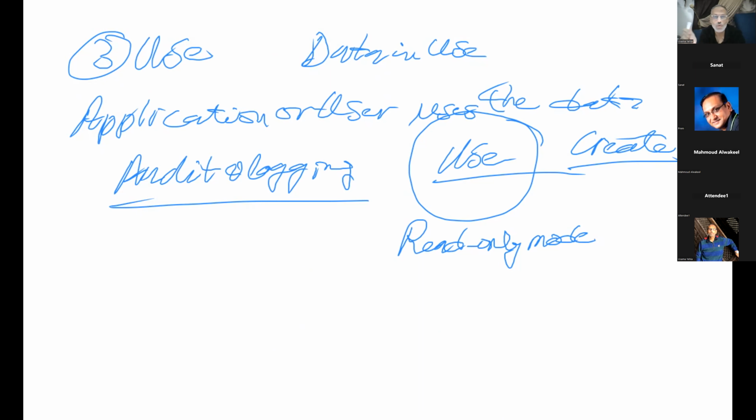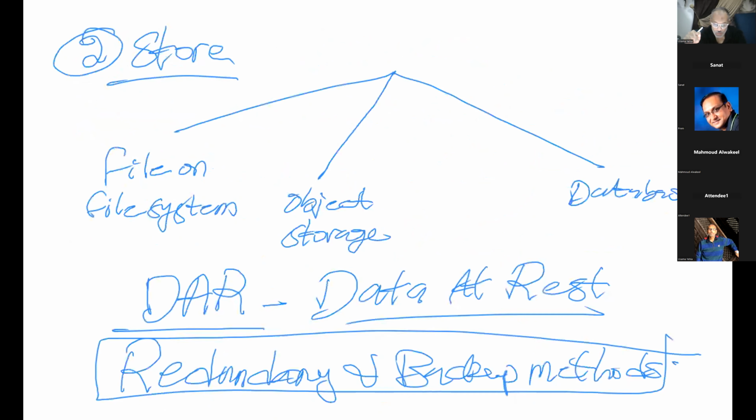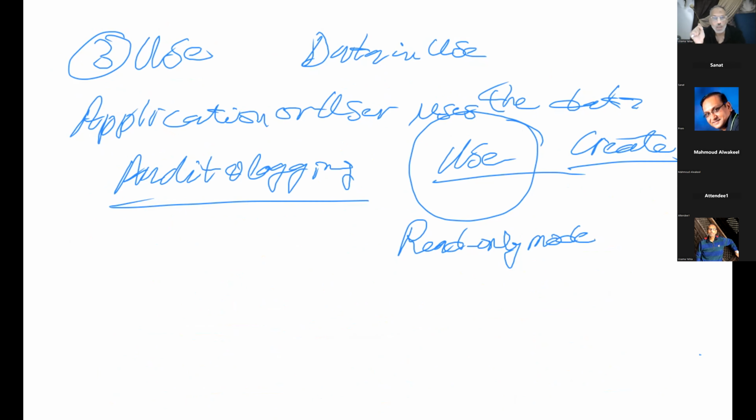We don't have a phase called data at rest. Is that store, right? We have create. Okay, you're saying from the stages of the data life cycle, create would be the best stage. Yes, it is in create.